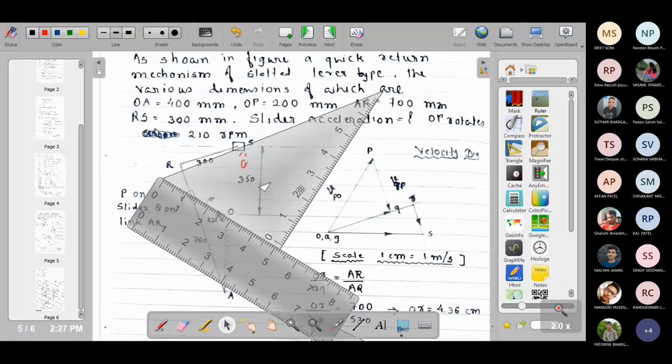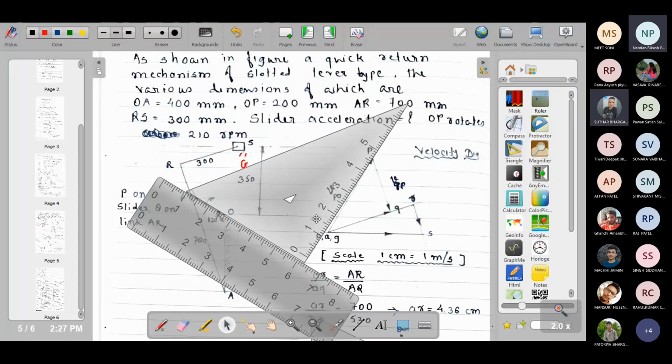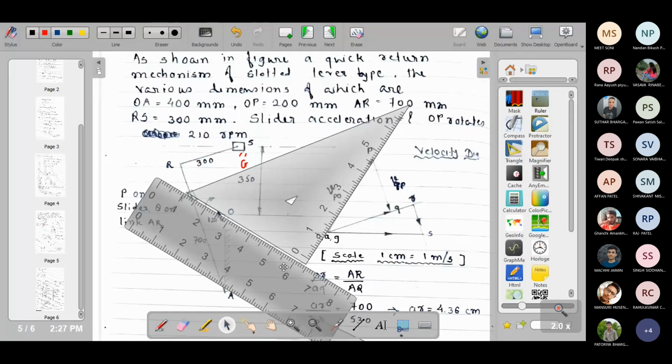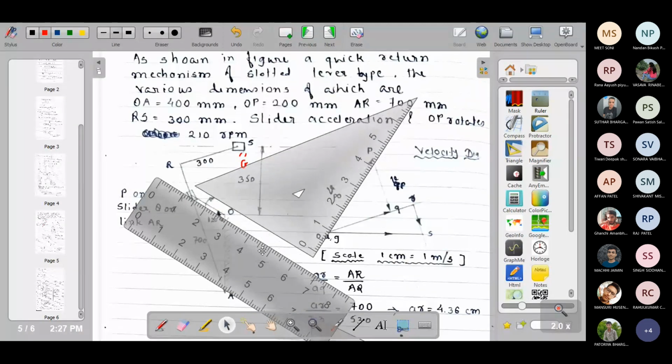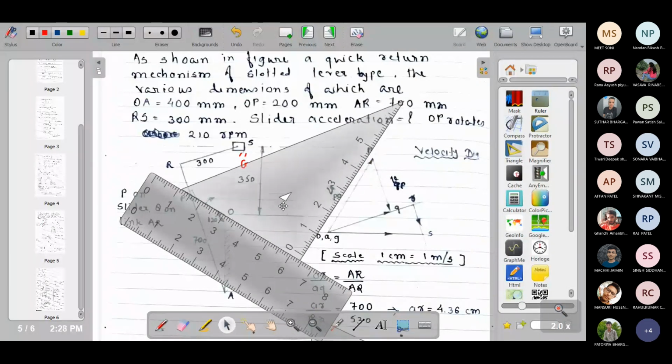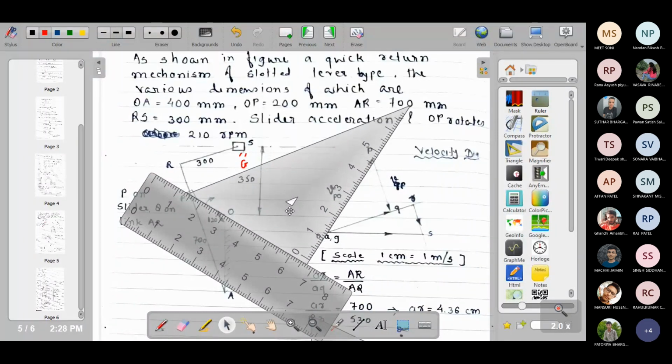Now you can slide your scale this way. Of course there is some resolution error, a little from the computer's resolution, so it is this much. It is fine. Now you can slide up to where point A or point O comes, so this way. Now you can draw the line, starting from here.